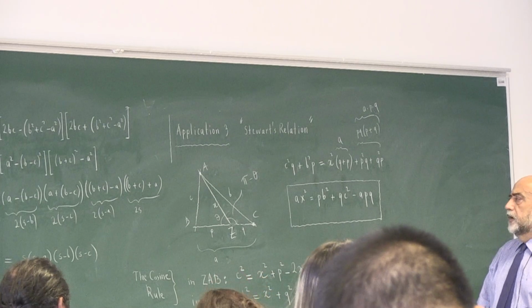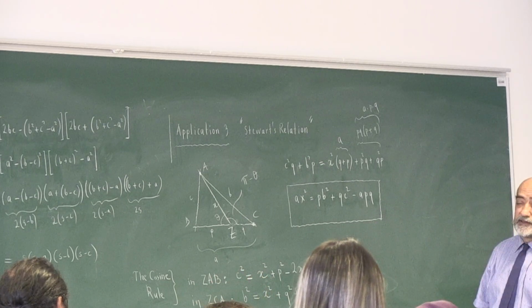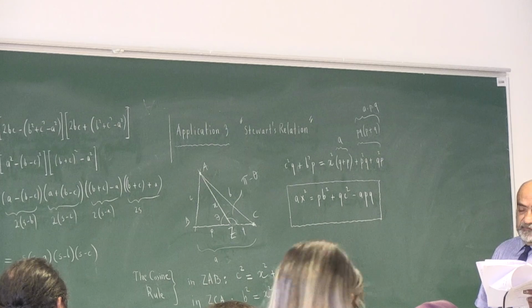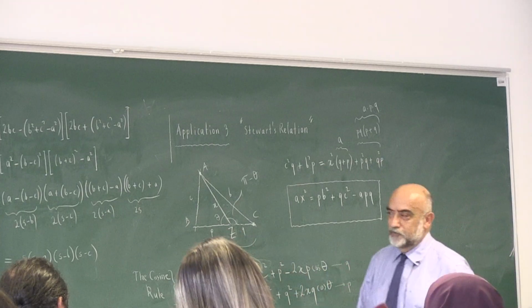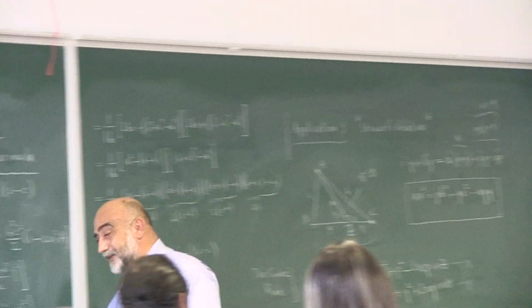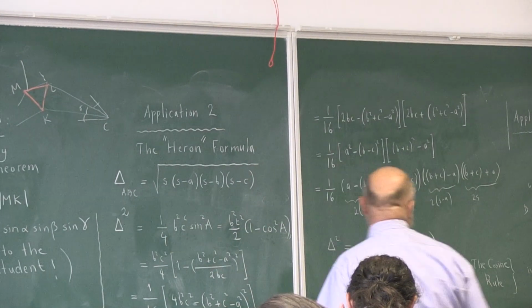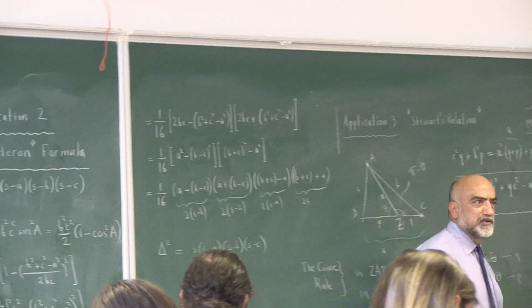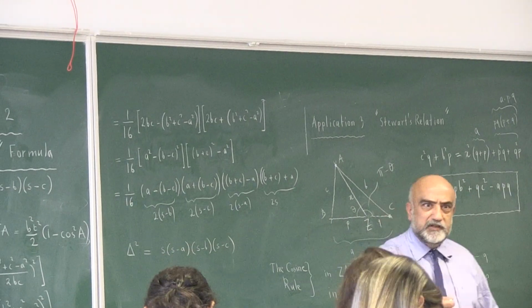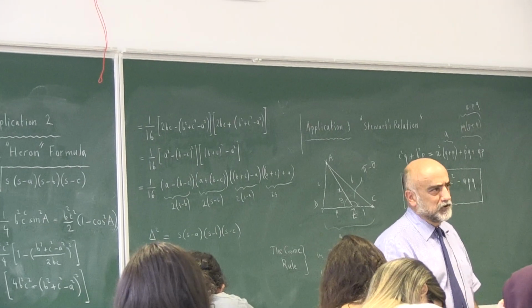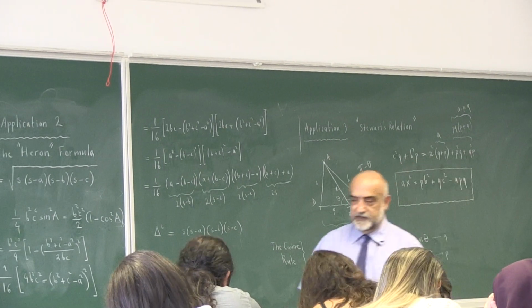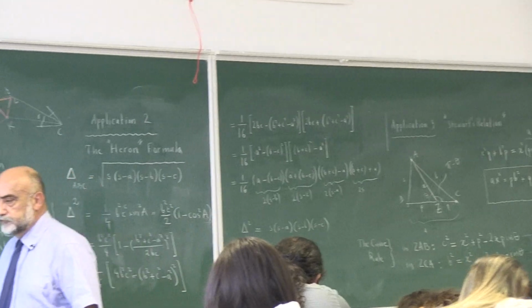I find it so useful, I use it so frequently, that I will stop here and give you one or two applications of not the cosine rule, but Stewart's relation itself. Stewart's relation, in fact, seems to be even more useful than the cosine rule itself, which is fascinating, right?